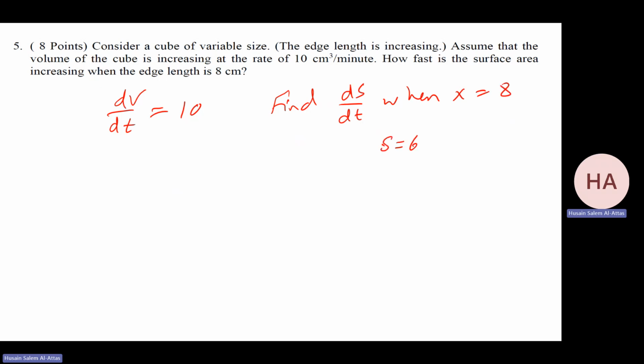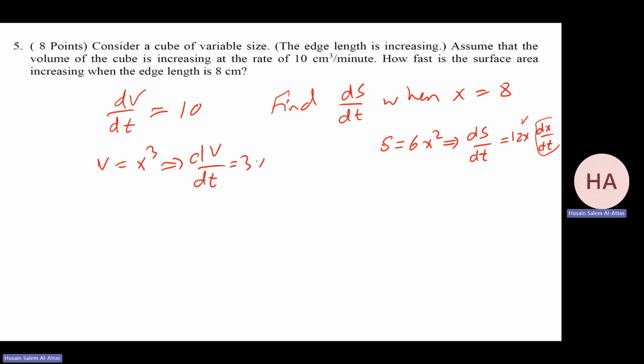S equals 6x squared, so I have ds/dt equals 12x dx/dt. I have x, I need dx/dt. Get it from the volume. V equals x cubed, so dV/dt equals 3x squared dx/dt.